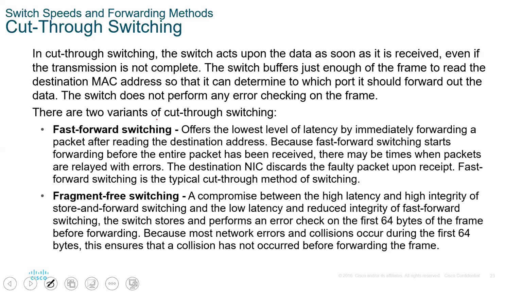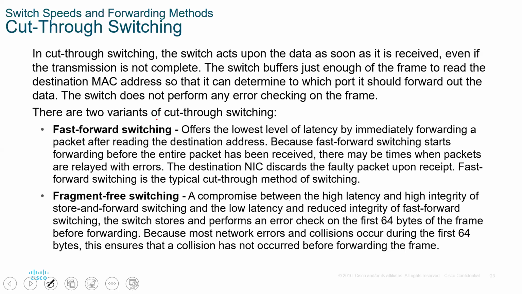All right. So cut-through also has two variants. We have what we call fast-forward switching, and then fragment-free switching. Fast-forward switching offers the lowest level of latency. That means it's very, very fast, immediately forwarding the packet after reading the destination address.